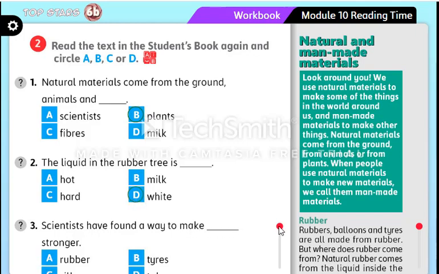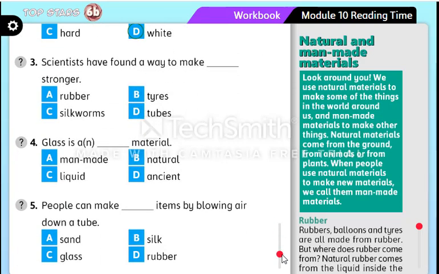Great job. Number 3, scientists have found a way to make a rubber good. Number 4, glass is a man-made material. Good. Last one, number 5. People can make glass items by blowing air down a tube. Very good.